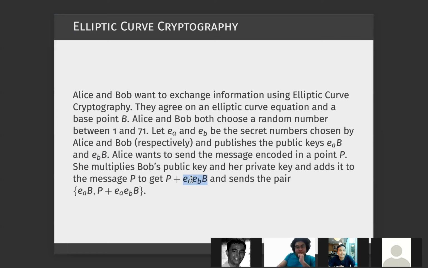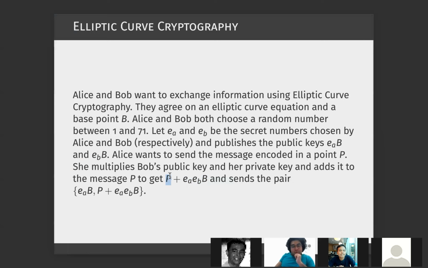We know how to multiply numbers to points. Once she gets this point, all she has to do is add it to the message P. And we also know how to add two points, which means we already know how to encrypt using elliptic curve.